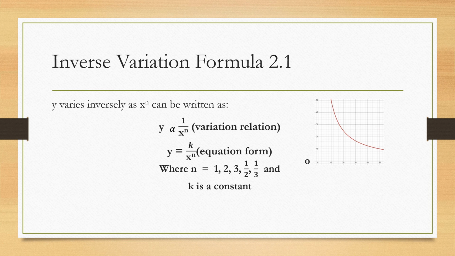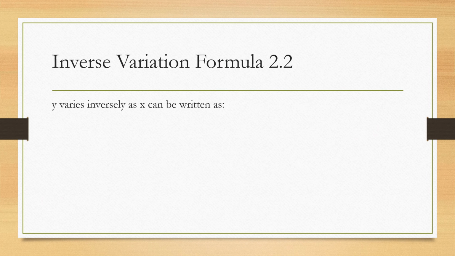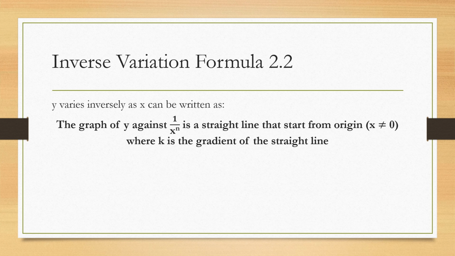This is the graph. So again, y varies inversely as x power n can be written as the curve of y against 1 over x power n is a straight line that starts from the origin, x not equal to 0, where k is the gradient of the straight line, as you can see here.